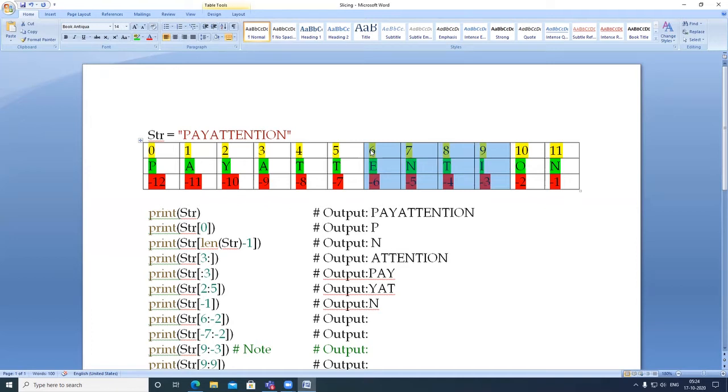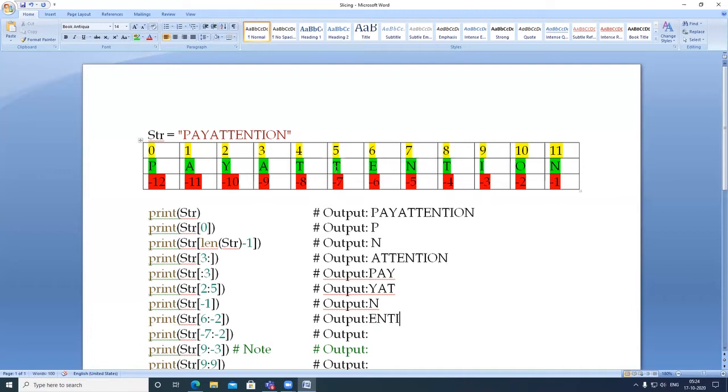Minus 6, minus 5, minus 4, minus 3. It starts with the positive index and ends before the negative index. That is, minus 2 is my given criteria. Before minus 2 is minus 3. My output would be the highlighted one, namely "enti".